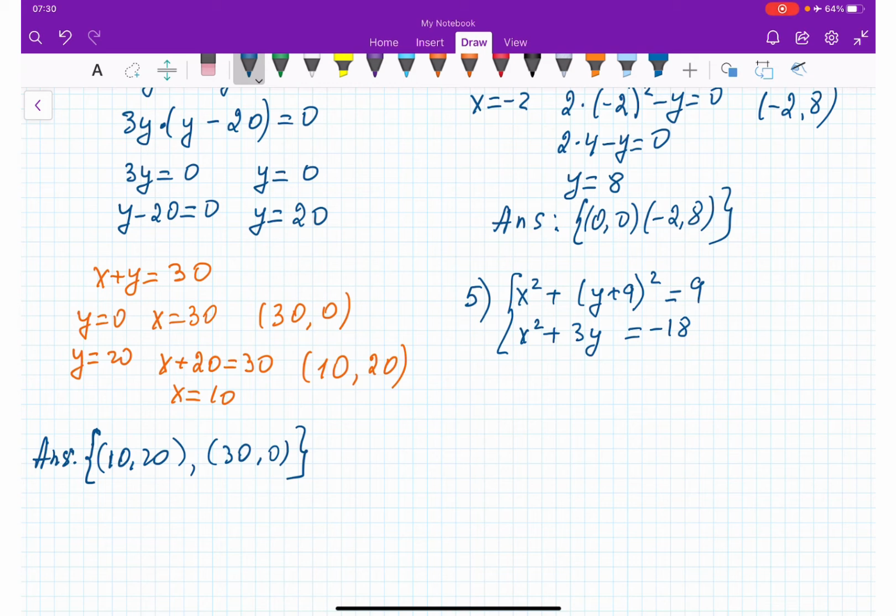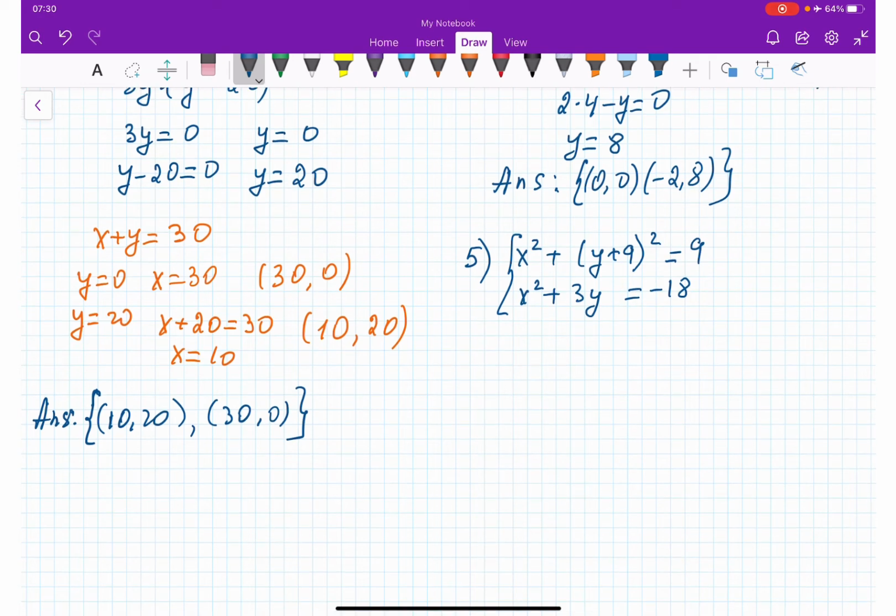If I multiply by negative 1, then I can just add and get rid of x squared, right? So first one, I multiply by negative 1. No, second one. Why not the first one? Because I don't want to touch (y plus 9) squared and I have a negative sign in front and then flip the sign. Why do I need to complicate?